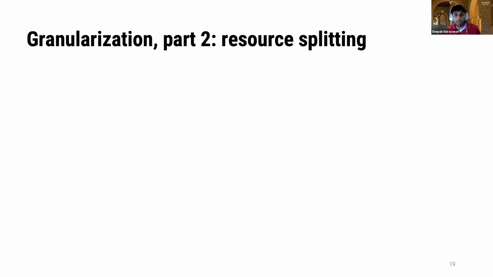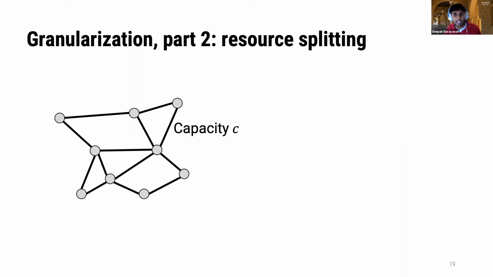To deal with the problem of unique resources, we use a procedure that we call resource splitting. Let us consider again a traffic engineering problem where each link is a distinct resource with some capacity. One way to partition this network over many subproblems is to split it by nodes. So some nodes go into one subproblem and others into a different subproblem.